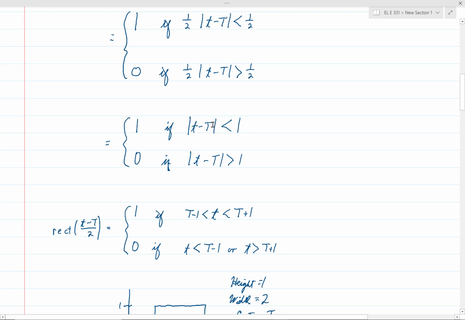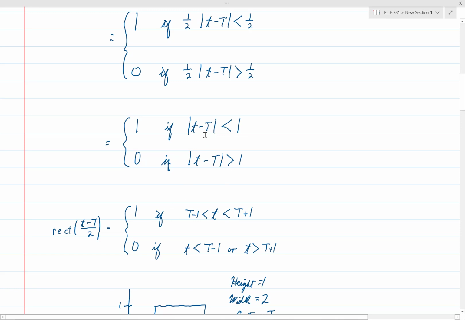Remember that the absolute value of the difference between two numbers is just the distance between them on the number line. So this is saying that the distance between little t and capital T is less than 1. And this is saying that the distance between little t and capital T is greater than 1.